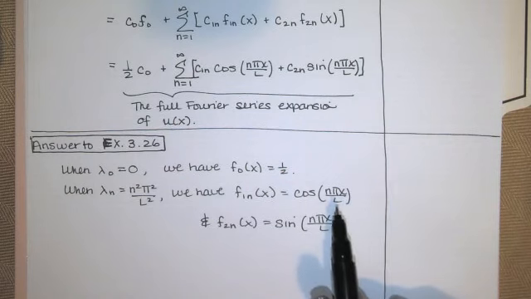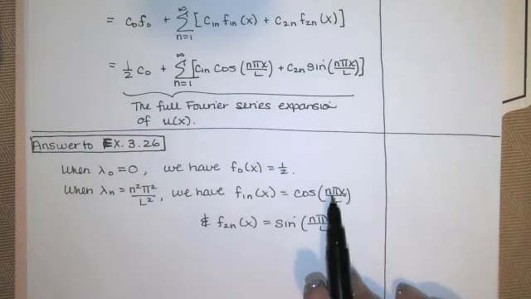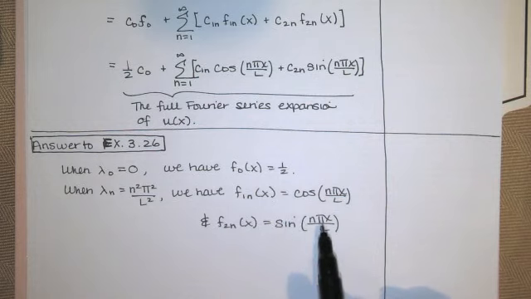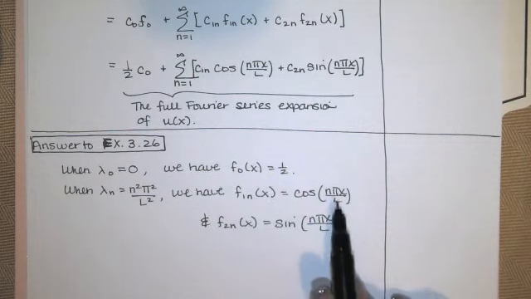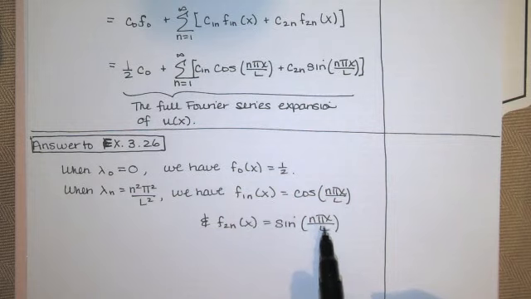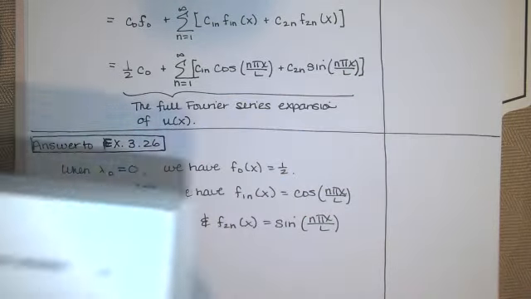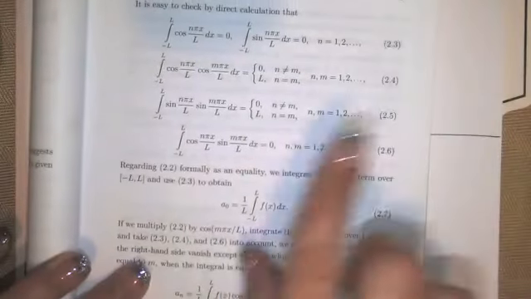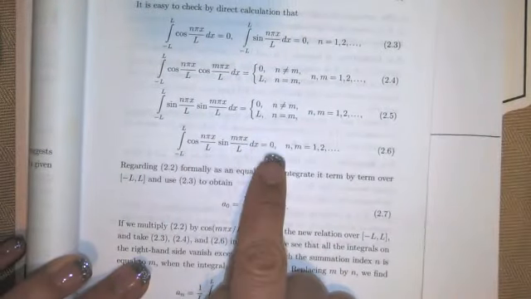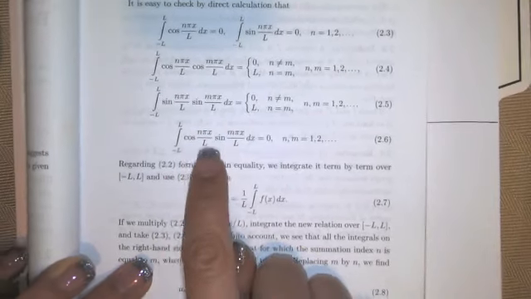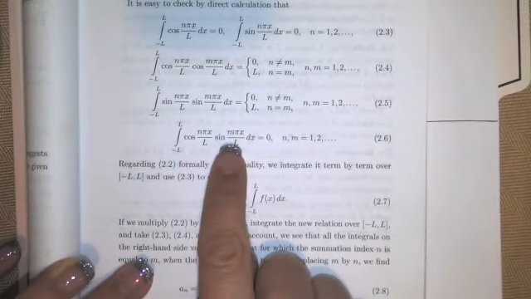So we have orthogonality for any two distinct cosine functions, any two distinct sine functions, and any sine cosine pair where the expression inside does not have exactly the same angle. So if m and n are not equal to each other. It actually turns out that over the interval from negative L to L, we get 0 even when n and m are equal to each other when we have the cosine and sine functions multiplying each other.